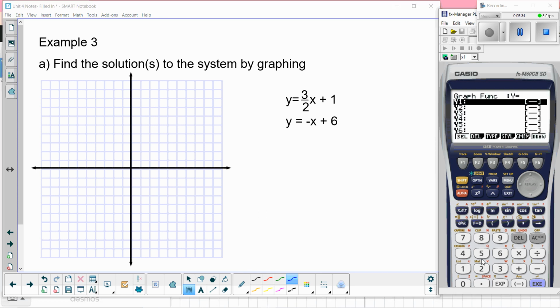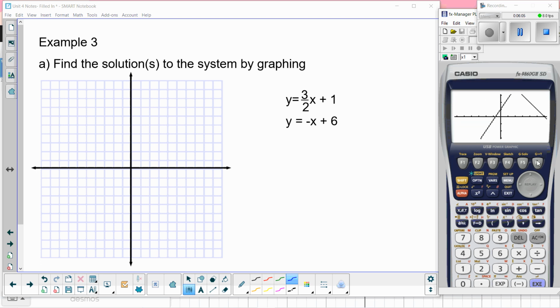And then we type in what we're trying to graph. 3/2. To get your x, you want to press the button below alpha plus 1. Then my other is negative x plus 6. And then to graph it, I'm going to press execute, draw.